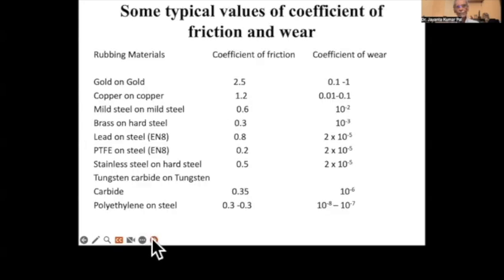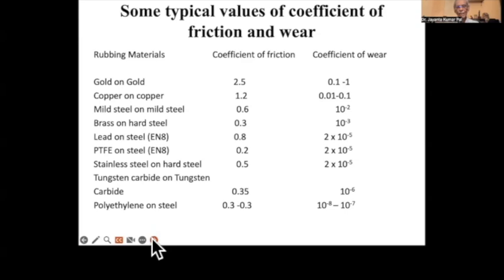And we have got many data. So I have given some selected data. For example, gold against gold, coefficient of friction is very high because they're very ductile and soft. And wear coefficient is also high. 0.1 to 1 is actually a high coefficient because usually the coefficient of wear goes in 10 to the minus 8, minus 7, minus 5.